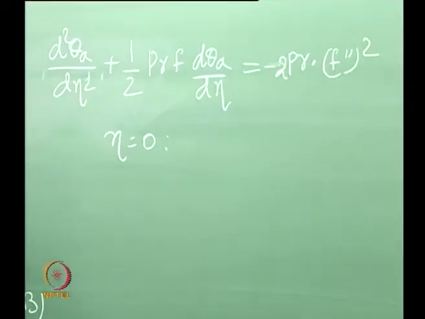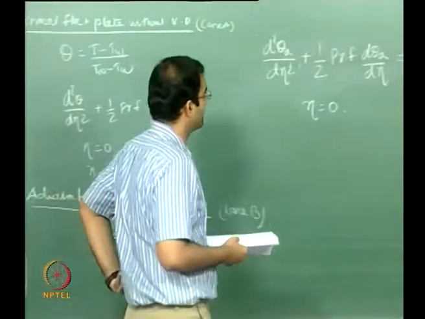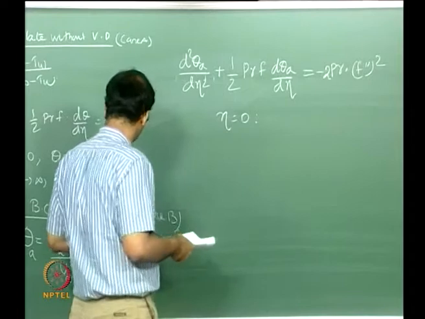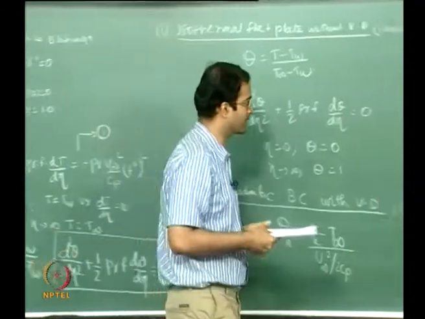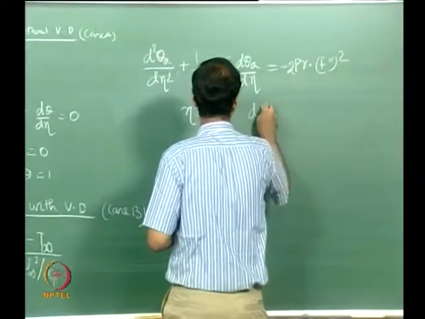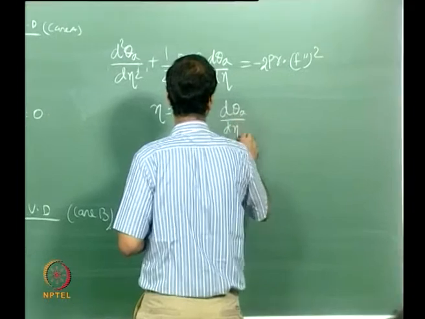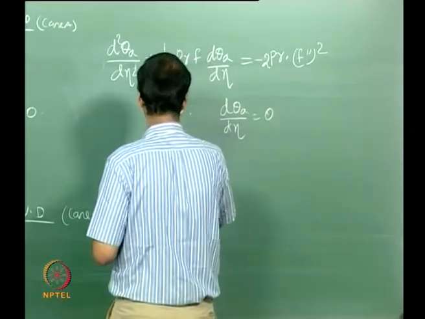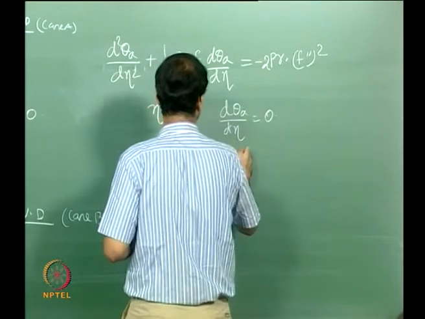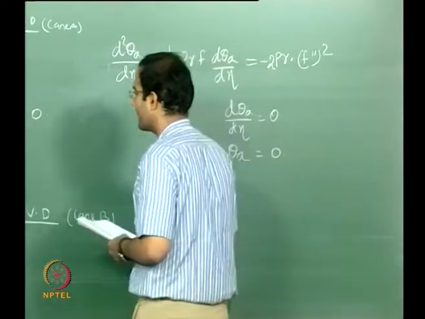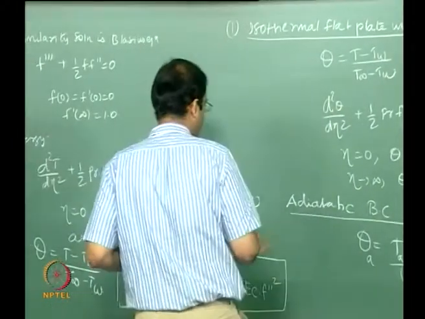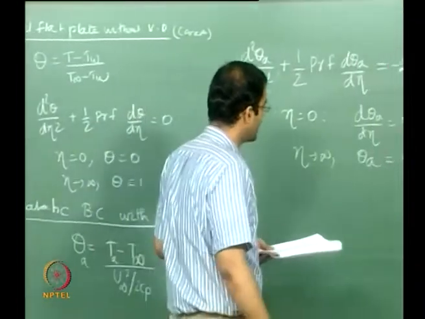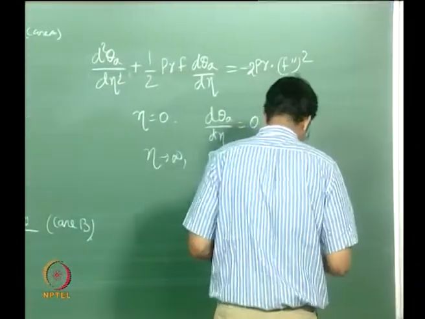The gradient d theta A by d eta should be equal to 0, and at eta going to infinity theta is equal to 0. So now you have two definitions of theta, one for the isothermal boundary condition, the other for the adiabatic boundary condition, and finally we have to mix these two solutions.